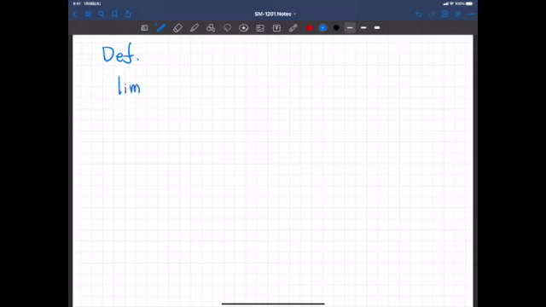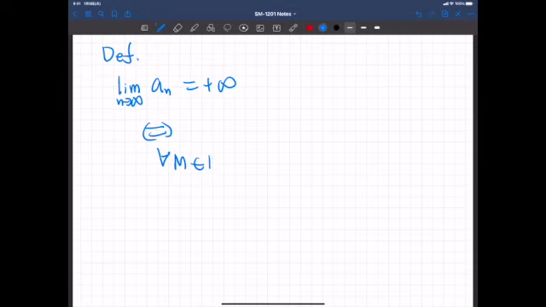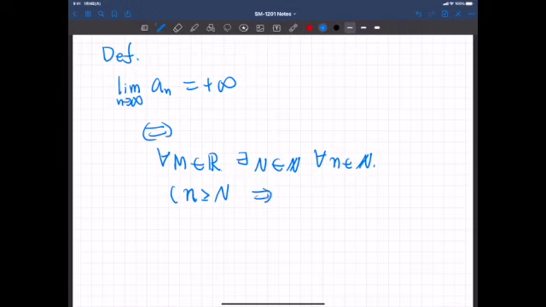We say the sequence an diverges to positive infinity to mean that, if and only if, for any real number m, there exists a natural number capital N such that for any natural number lowercase n, if n is greater than or equal to capital N, then an is greater than m.